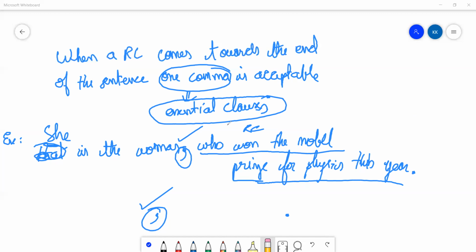Am I missing out on anything? No, that's it, Nana. That's essential, non-essential clauses and relative clauses. Got it? So basically, what is the difference between a relative clause and a non-essential clause?